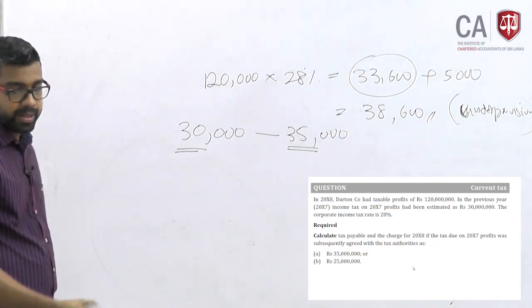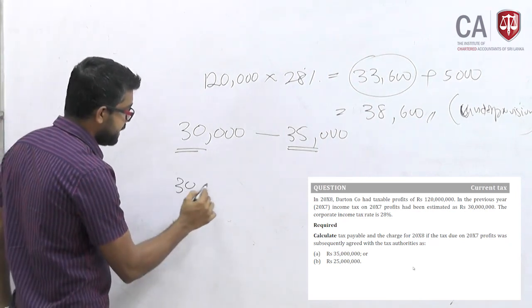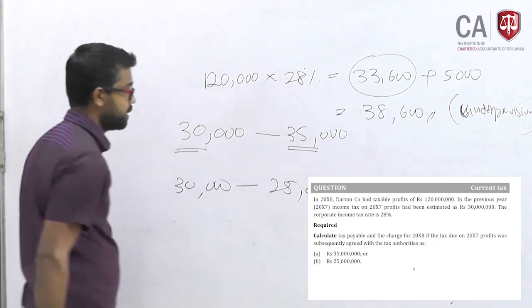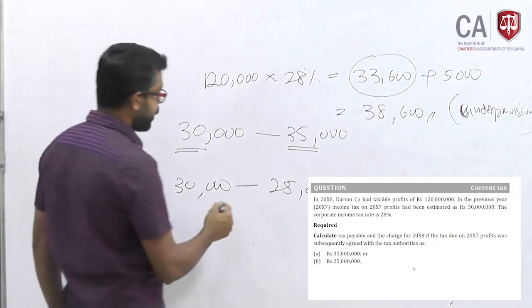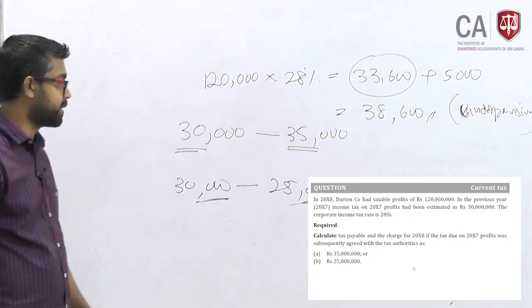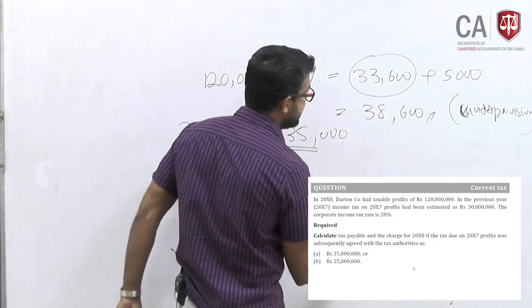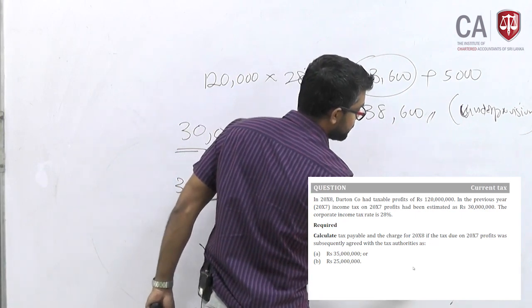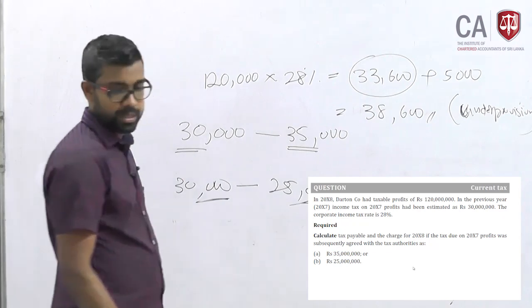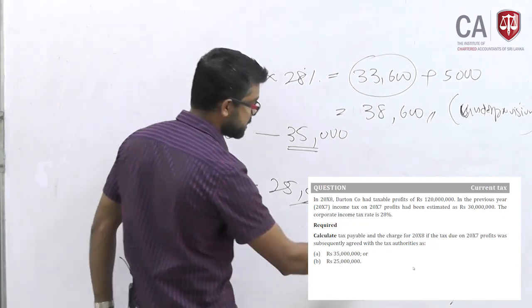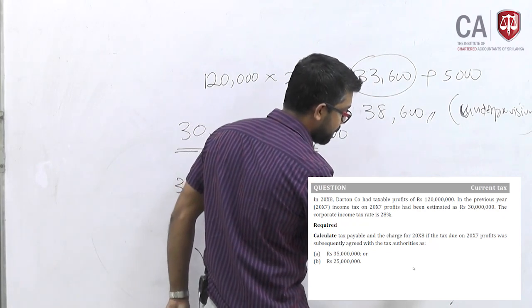The second part: 30,000 is still the provision and 25,000, 25 million basically, right? Here there is an over provision. Actual liability according to the tax authority is 25,000. Therefore, in the second scenario, 33,600 minus 5,000 is 28,600. 28,600 would be the P&L figure.